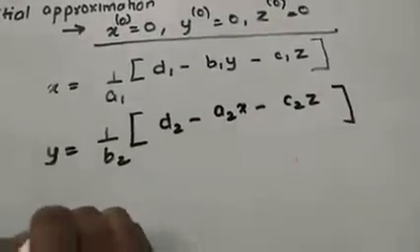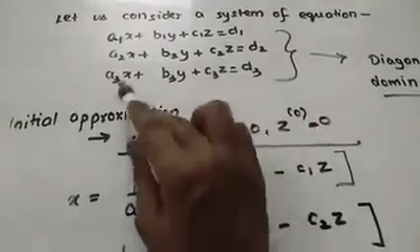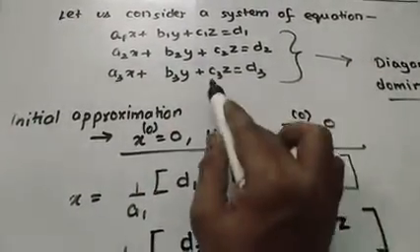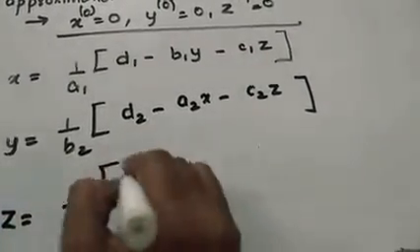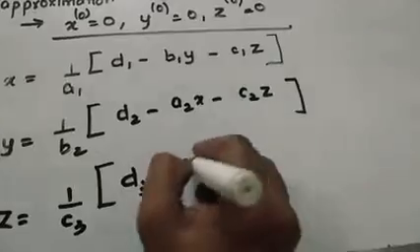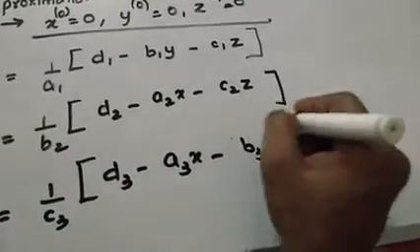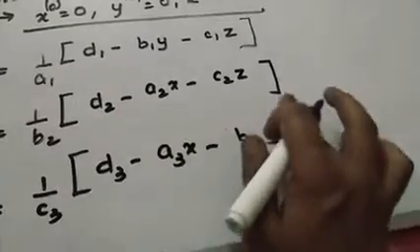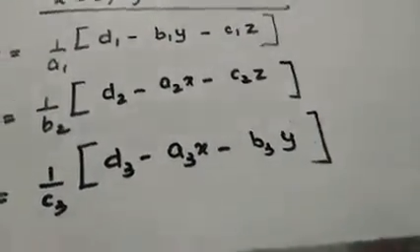And the last one, z, from the last equation: we take these two terms to the other side and 1 by c3 will come in front, that is 1 by c3 times d3 minus a3x minus b3y. Clear?